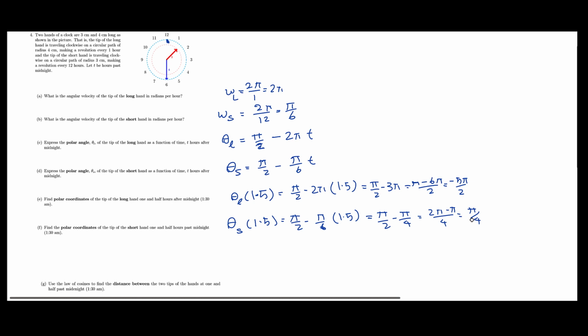Now, you want to find the angle the two of them are making, because the next question is asking for the distance between the two of them. So the polar angle between the two of them at 1:30 a.m. is basically going to be, and you can see the long hand traveled, what is the coterminal angle?